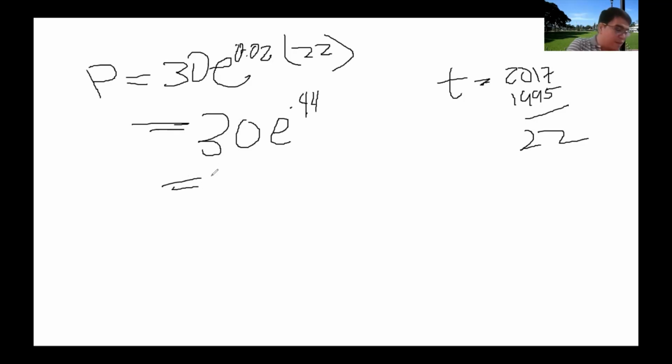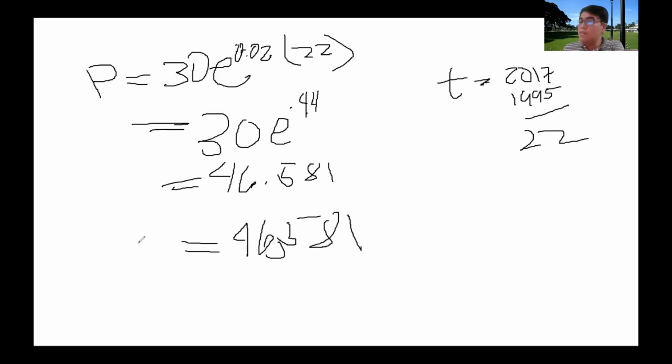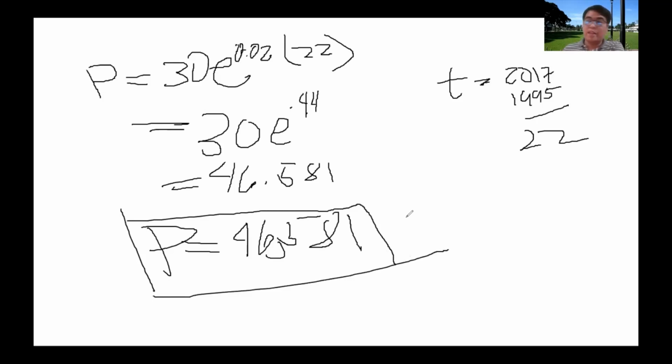If we input that on the calculator, 30e raised to 0.44, the value is 46.581, which is equal to 46,581, since we're dealing with thousands as stated in the problem. So it's 46,581.